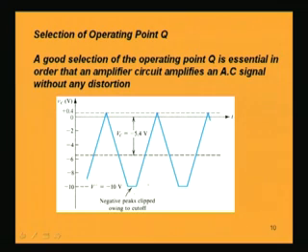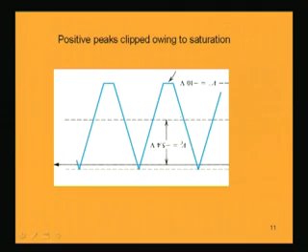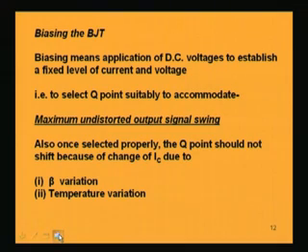Ultimately the output will be like this, and if we have the operating point very near to the cutoff, then we get a clipped off version in the positive swing. So, the output signal will be like this, there will be a clipping off of the positive part of the signal, and we do not want that. So, we will now concentrate on how to bias the BJT properly.